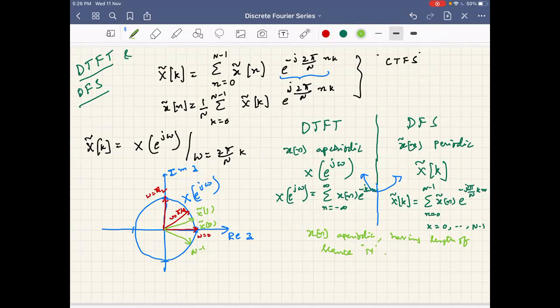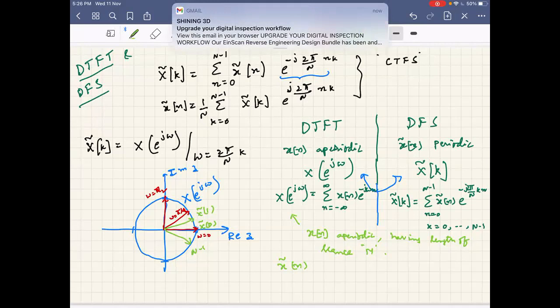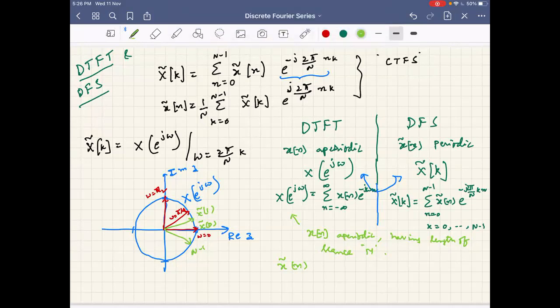For that, we will be writing X(e^jω) in this case, right? And let us also assume that we will be constructing x tilde of n. Let us keep these two different for the time being. Later let us see what the scenario is if they are the same, and what it is if they are different. x tilde of n is periodic with period N. Both are different for the time being.